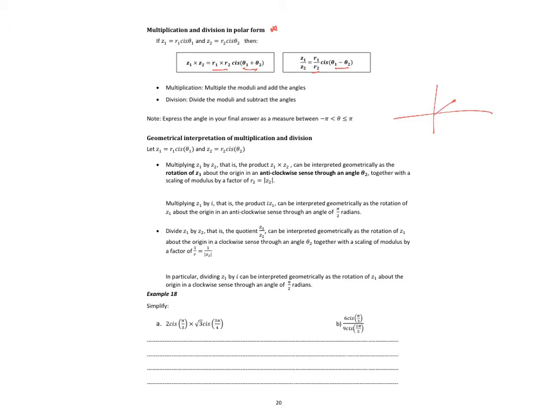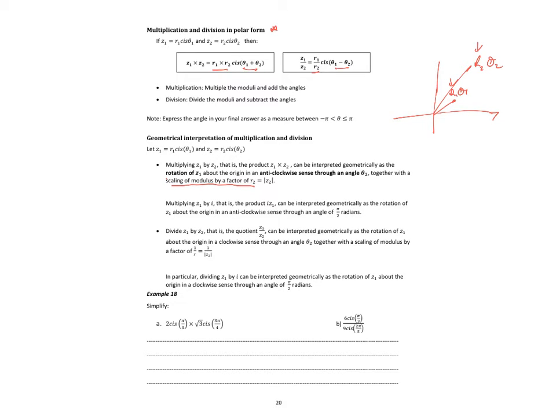If I've got an R1 theta 1 and an R2 theta 2, well then just from a geometric property, if I'm going to multiply the magnitudes together, the product Z1 Z2, we talk about the scaling.